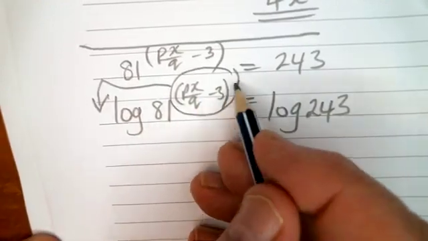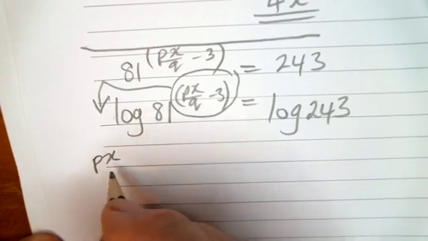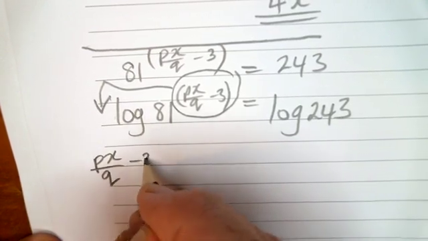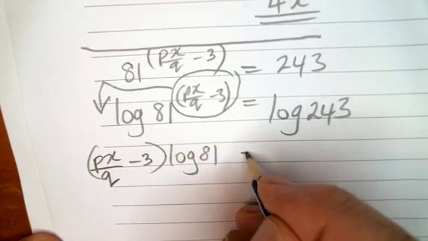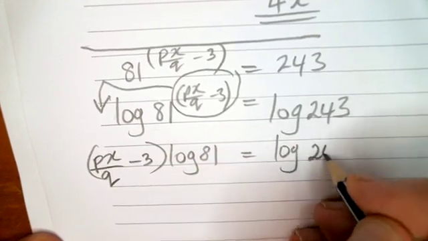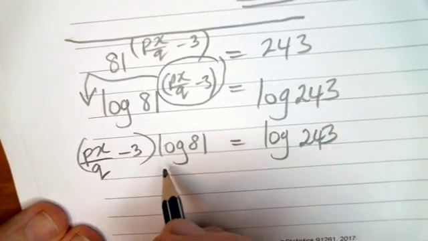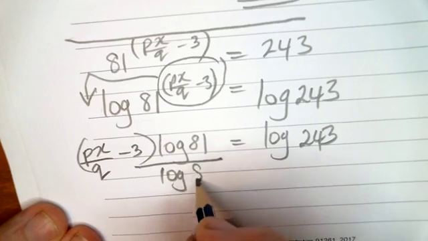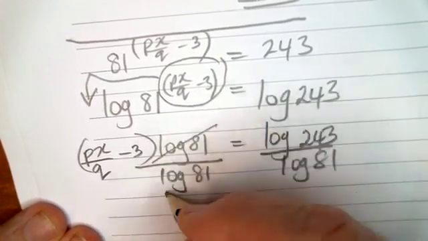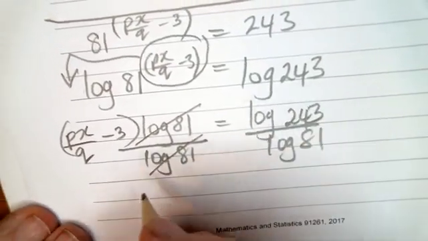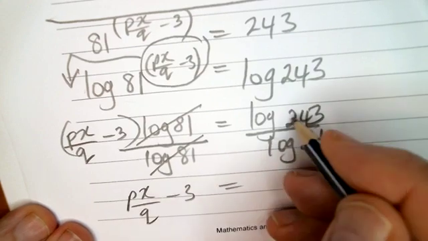So now I'm going to rewrite this as px on q minus 3, no longer an index, times log 81 is equal to the log of 243. Now I can just go ahead and divide both sides by log of 81. Log 81 divided by log 81 is 1, leaving me with px on q minus 3 is equal to this thing here.